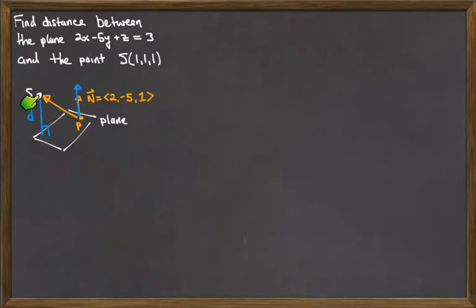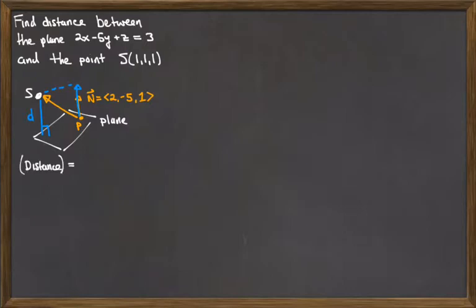What I want to do now is I have a right triangle, and I really am trying to find this side of that right triangle that's showing up here in this picture. What I really want to do is project that vector PS, the hypotenuse of that right triangle, onto the direction determined by my normal vector.